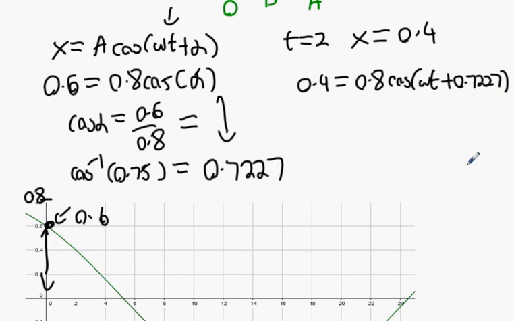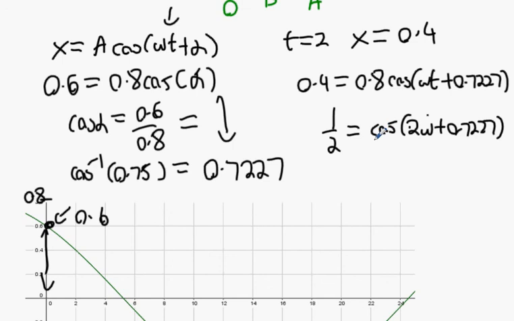Now, can anybody divide across by 0.8 and you get a half? Cos omega t. Oh, sorry, what's the t value? We have a t value as well, don't we? So it's 2 omega plus 0.7227.